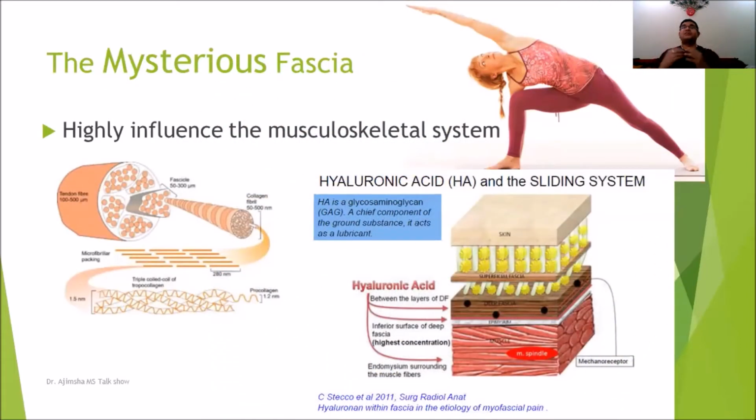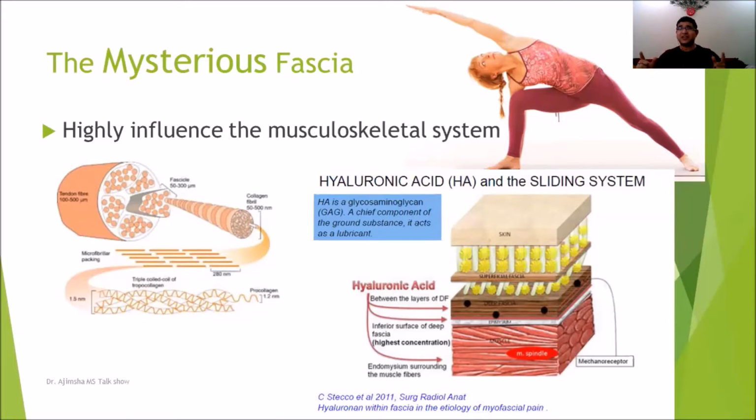The mysterious fascia. Fascia seems to be integrally involved in the biomechanics of the musculoskeletal system. The body moves in multiple planes, not as isolated joint motions, but as fluid motion involving multiple segments, which needs different fascial layers sliding over one another.